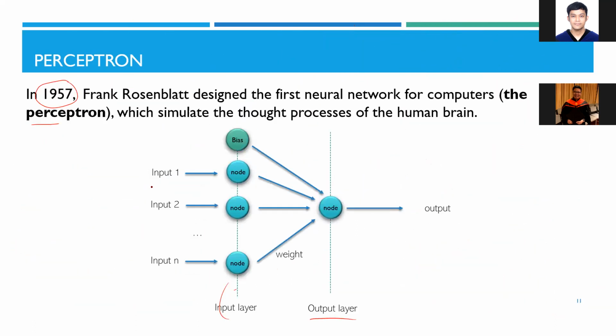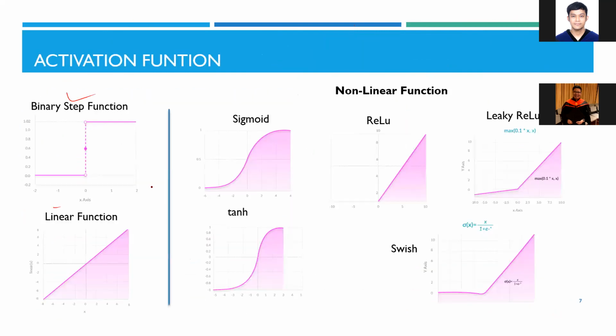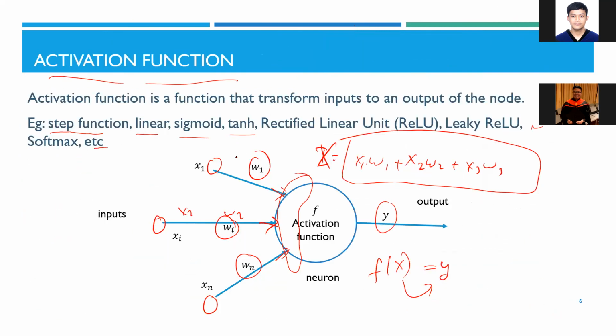Okay, let's pick this one. Each node will first sum all the inputs, up to this part. Is it okay? Yes, it's clear. The summation is still only the total input, not yet the output.